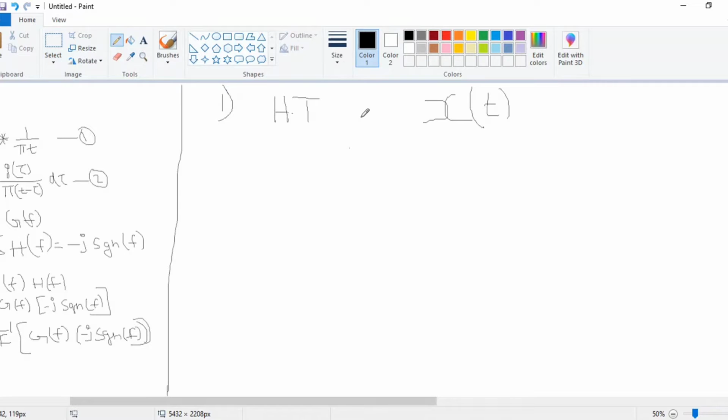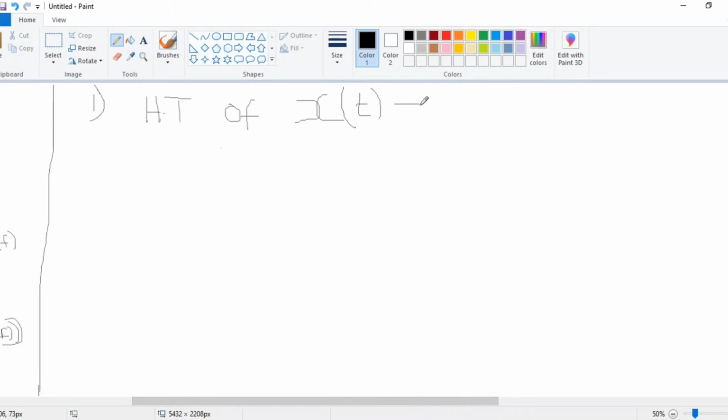Hilbert transform of x of t, where x of t is equal to cos 2 pi fct. This is the given signal, and for this you need to find the Hilbert transform.